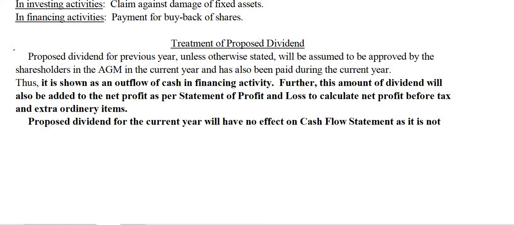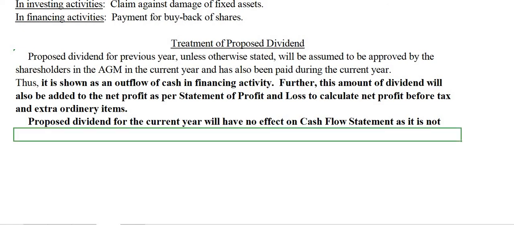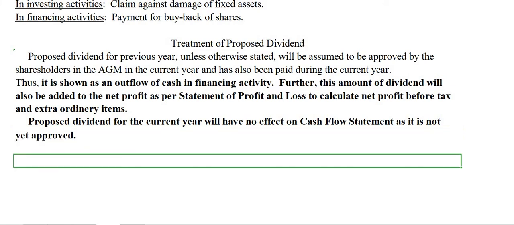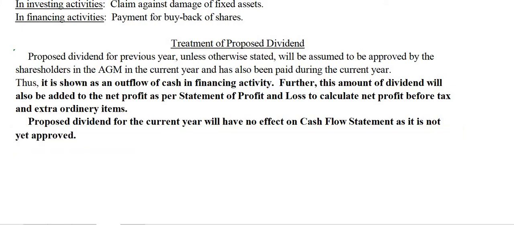Then proposed dividend for the current year will not have any effect in cash flow statement. Why? Because it is not yet decided to pay. Since it is not yet approved, we cannot show that dividend in cash flow statement. So current year dividend proposed should not be shown in the cash flow statement.